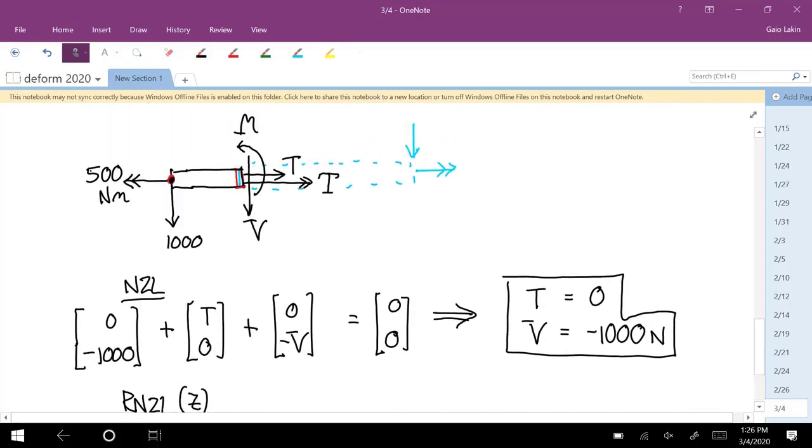These x ones, since we're assuming that this beam has no thickness and we're going to keep doing that for these calculations, all we're going to ever be dealing with are these couples along the x direction. So all we have is a 500 Newton meter couple in the negative x direction and a positive fancy T couple in the x direction. Those are the only things that produce moments about the x-axis.